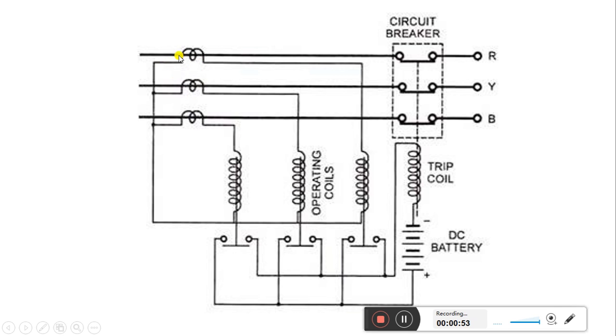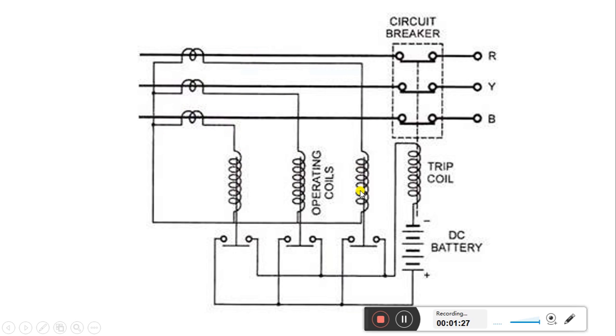These CTs in R phase, Y phase and B phase, and one end of these CTs is connected to the operating coil, where this operating coil is connected with the plunger in all three phases. Just see, this is CT. One end is common to all CTs and the other end is connected to the three operating coils.